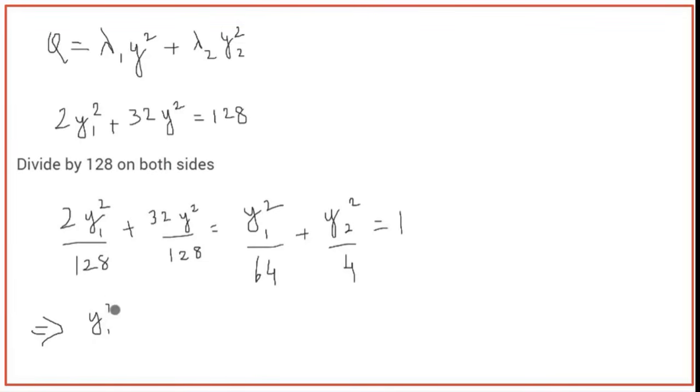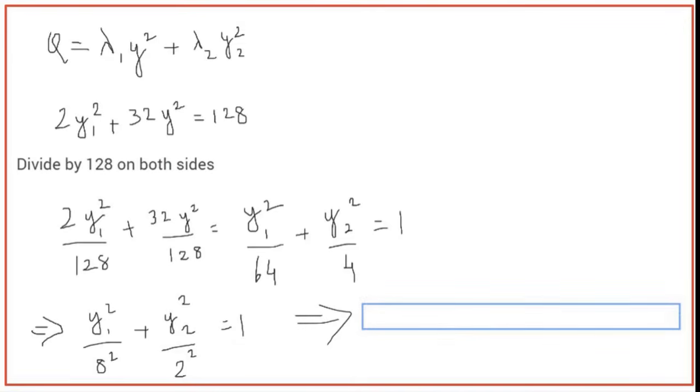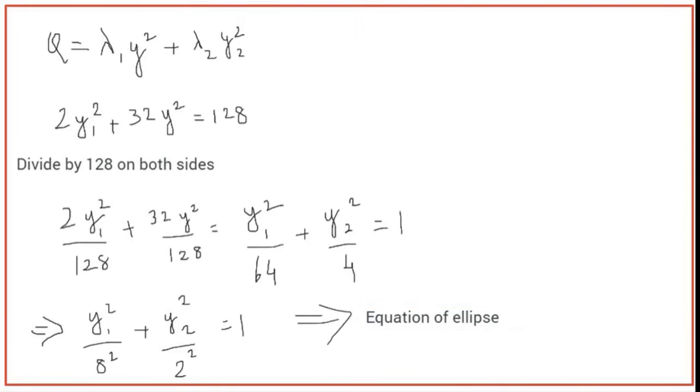So as this 64 can be written as 8 square and this 4 can be written as 2 square, that is y1 square by 8 square plus y2 square by 2 square is equal to 1. And as you can see, this is an equation of an ellipse, that is the conic section represents an ellipse.